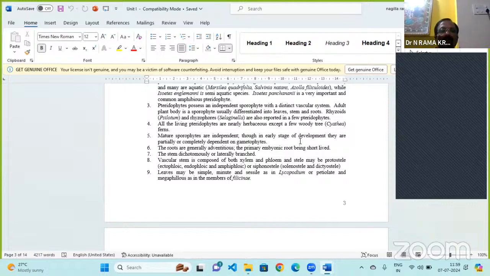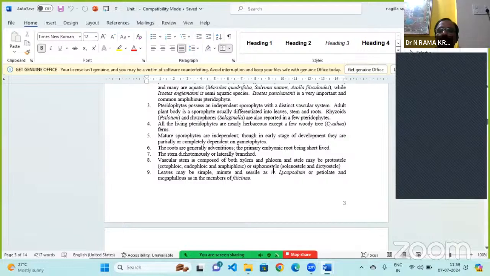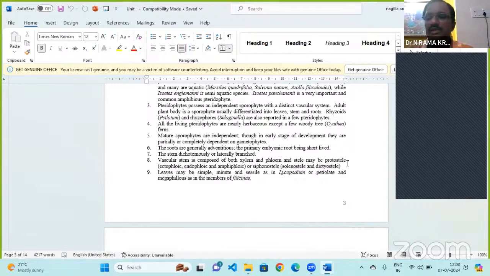Here you see the vascular stem is composed of both xylem and phloem. The stele may be protostele. These pteridophytic groups contain two types of steles: one is protostele, the second is siphonostele.